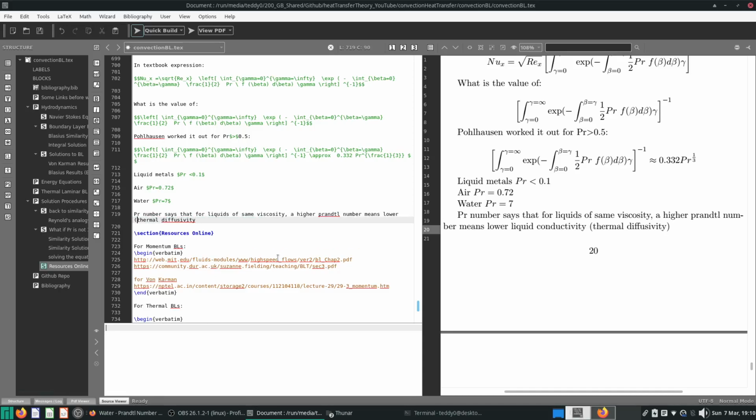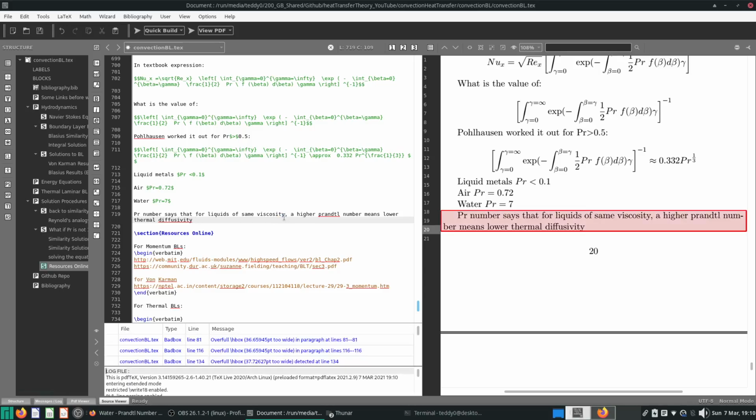We'll just use the word thermal diffusivity here. Thermal diffusivity means that usually temperature can flow through the thing well.